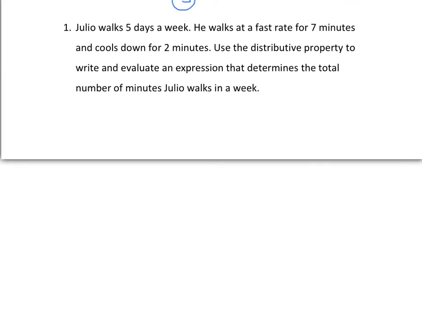So, Julio walks 5 days a week. He walks at a fast rate for 7 minutes and cools down for 2 minutes. Use the distributive property to write and evaluate an expression that determines the total number of minutes Julio walks in a week. So total number in 1 week, we know he walks 5 times a week. So 5 times both the fast part and the slow part.